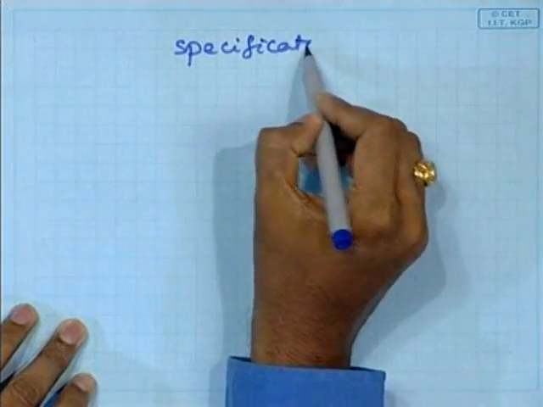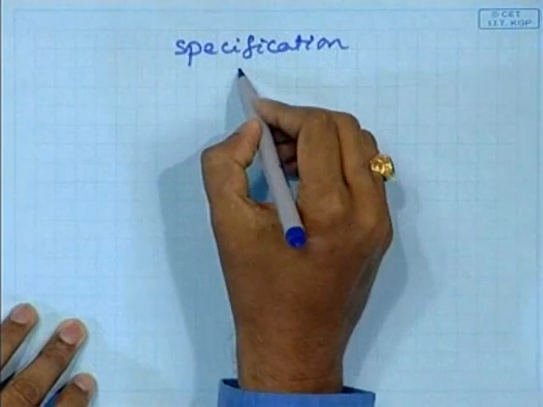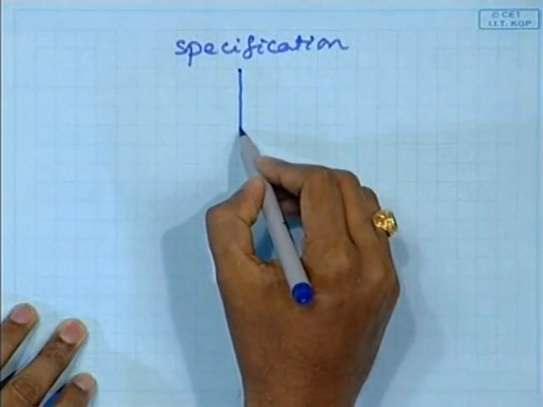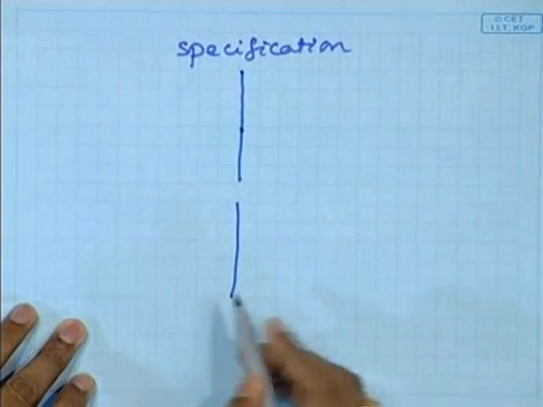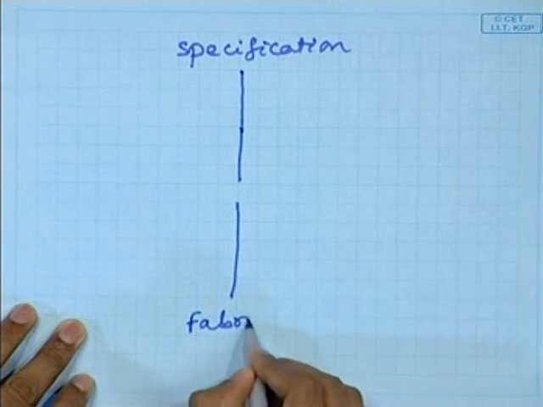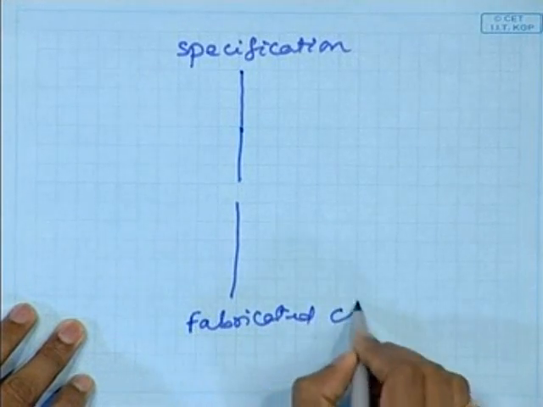So you will have specifications, in terms of how much speed you require, how much area you require, how much power you require. You have to decide, and what functionality you should have. So that specification should be there. From the specification, through all the design steps, you finally have to fabricate the chip.